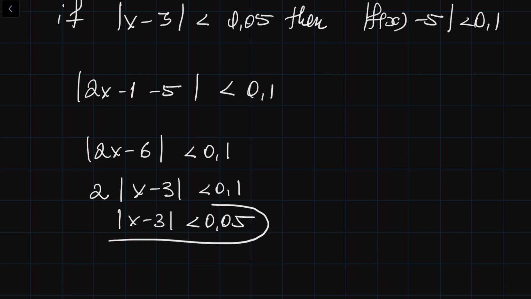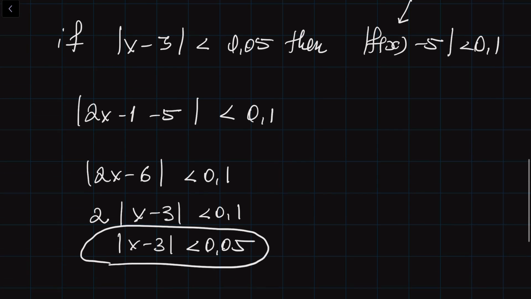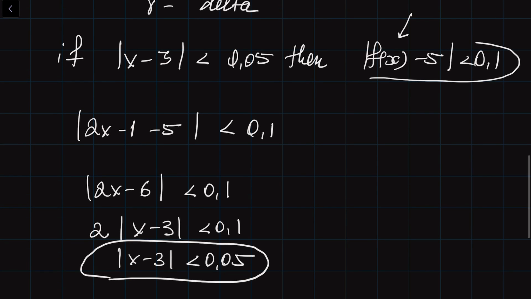And it gives me the answer to my question. If I come closer to 3 with x within 0.05, then f of x becomes closer to 5 within a distance smaller than 0.1. And that's going to be the precise definition of limits.